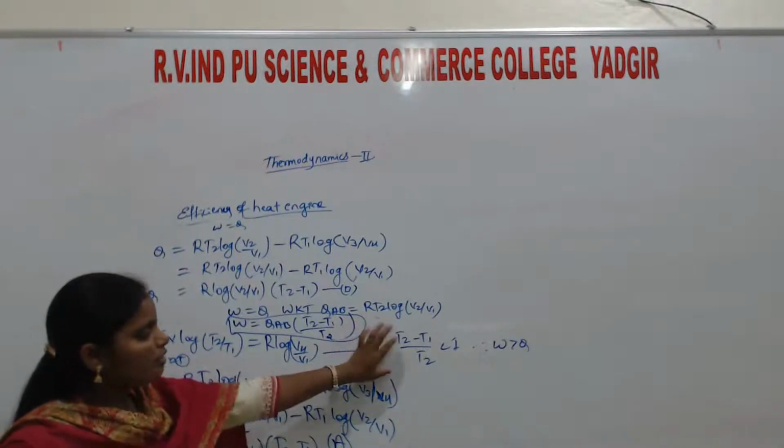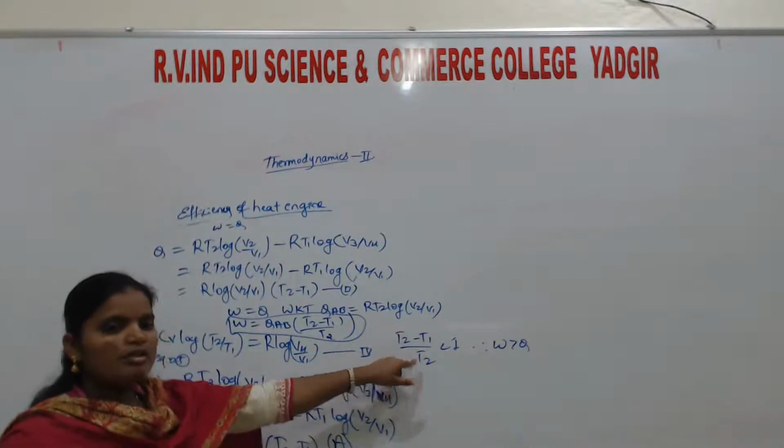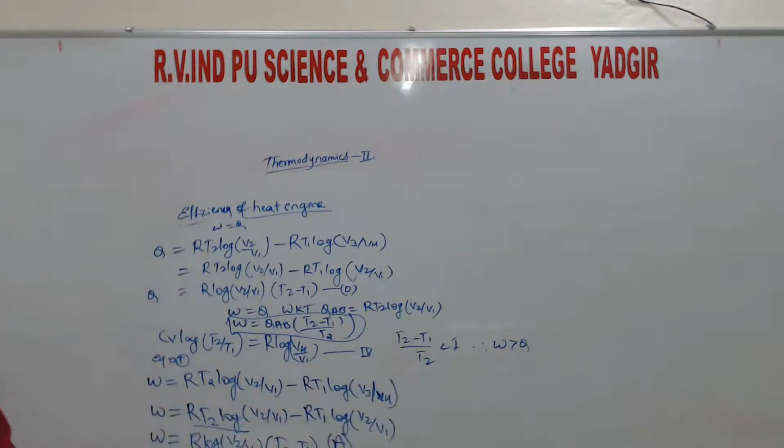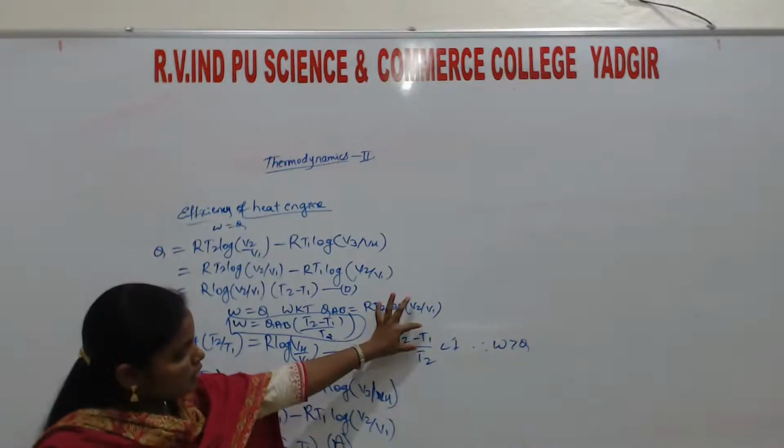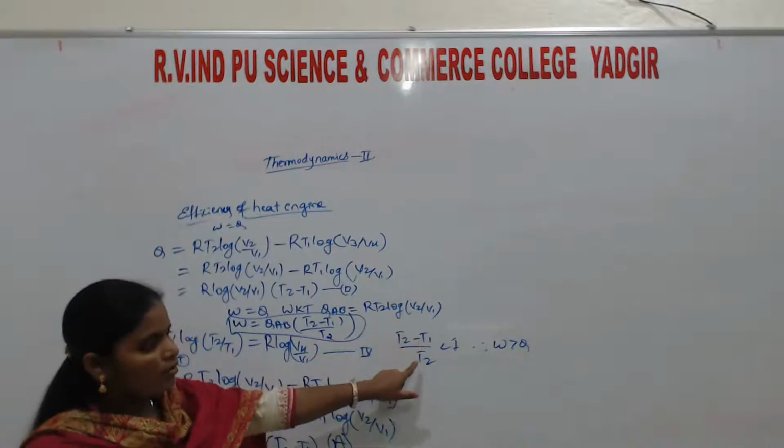The rest is given out by the system to the surroundings at the lower temperature T1.